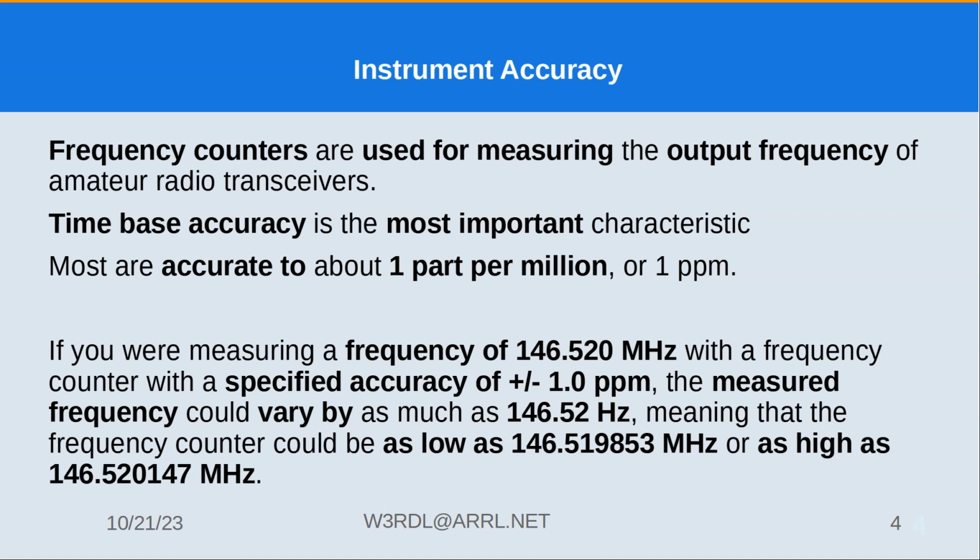Got an example of measuring a frequency of 146.52 megahertz. The counter has an accuracy of plus or minus 1 part per million. So it means the frequency that you're measuring could vary by as much as 146.52 hertz, and it could be as low as 146.51.